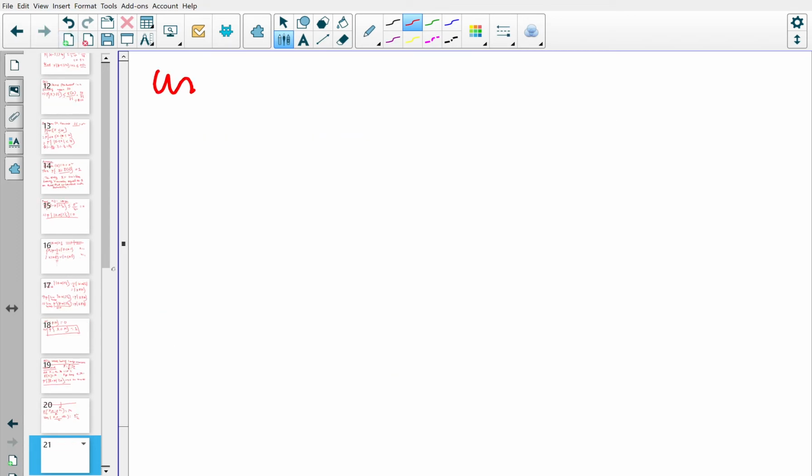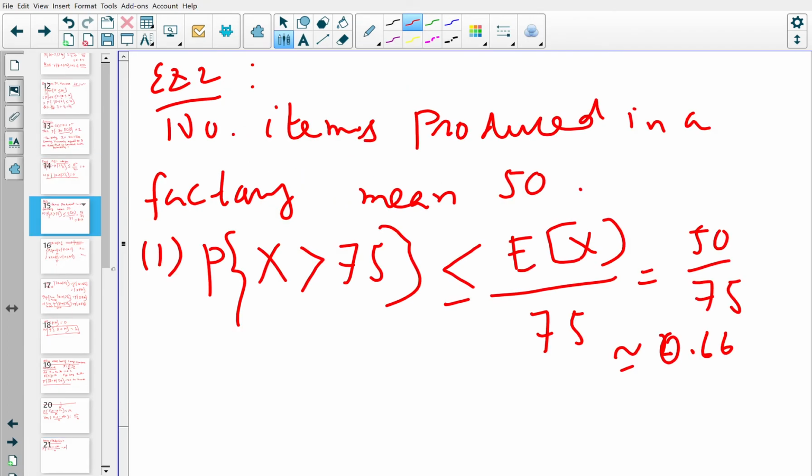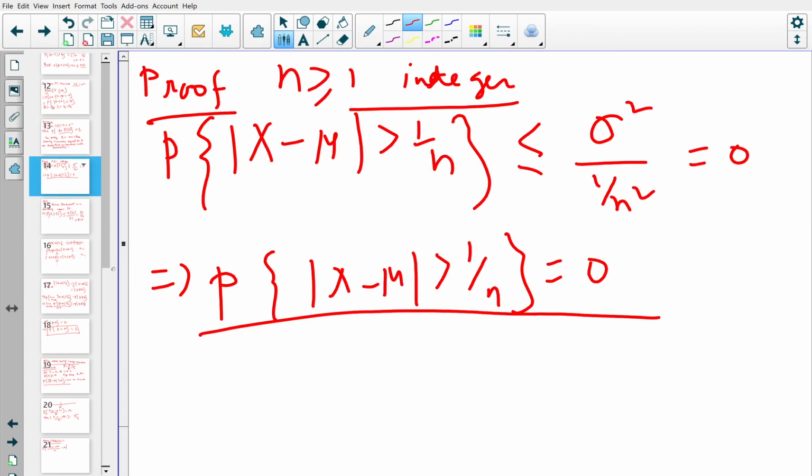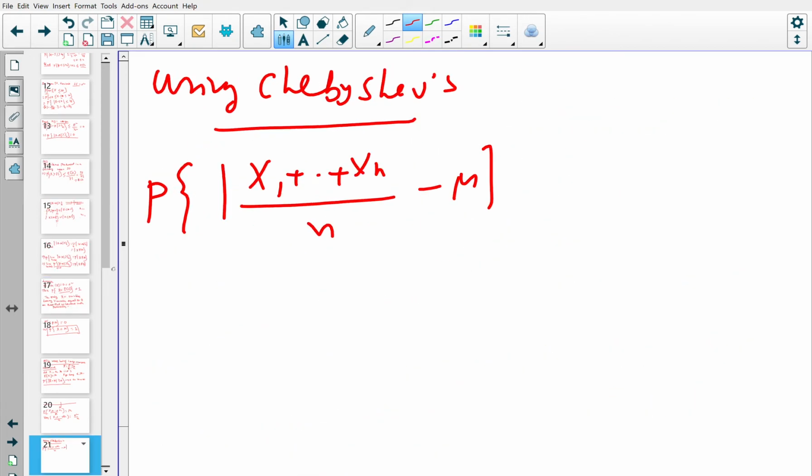So using Chebyshev, we easily find that the probability that (X1 plus ... plus Xn) over n minus mu is greater than or equal to epsilon. Here mu is the mean, and this is the new random variable, which is the sample mean.